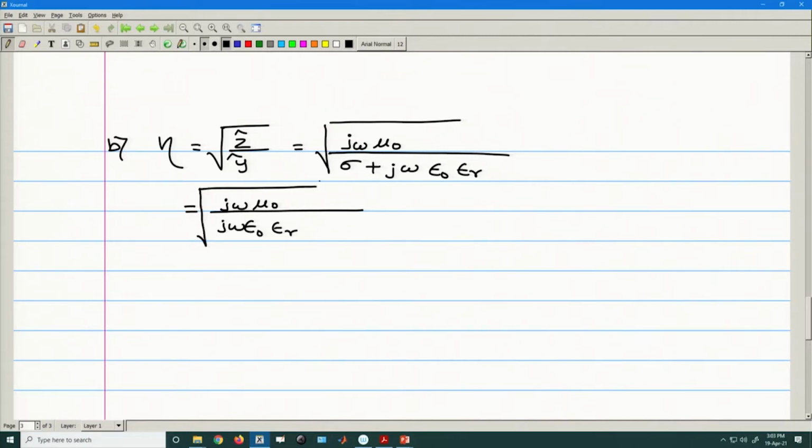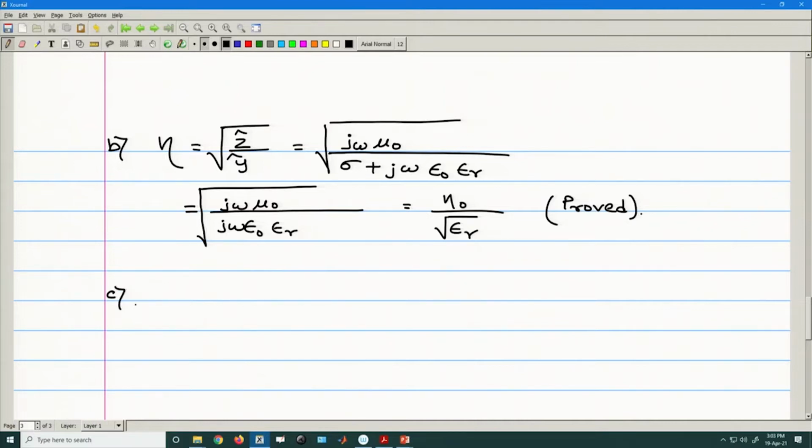Okay, this j omega will cancel out, and we are left with eta naught upon root epsilon r. Fine. So this is also proved.